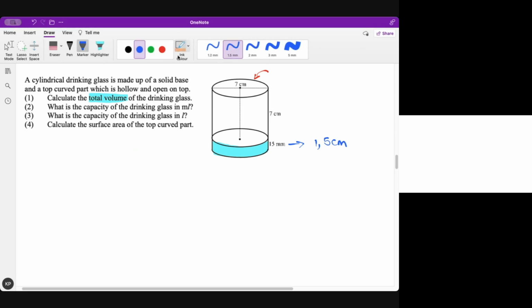Okay. Now I'm going to give you a clue here. That 7 is this whole part that I just highlighted yellow. Does water go in the bottom part of that glass? So can you work out volume using the whole 7?